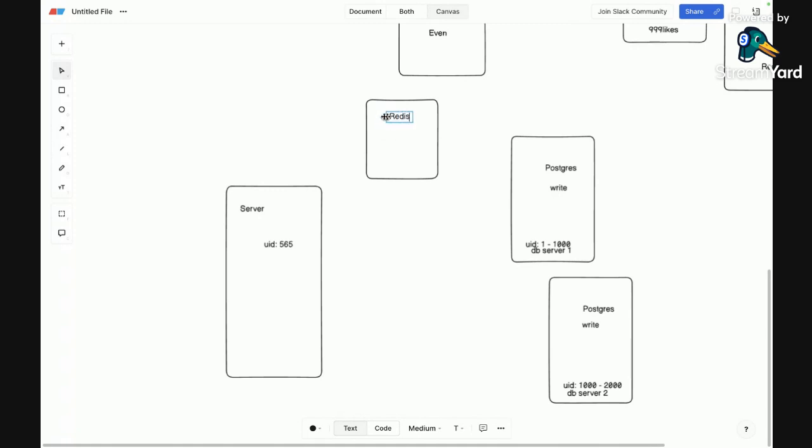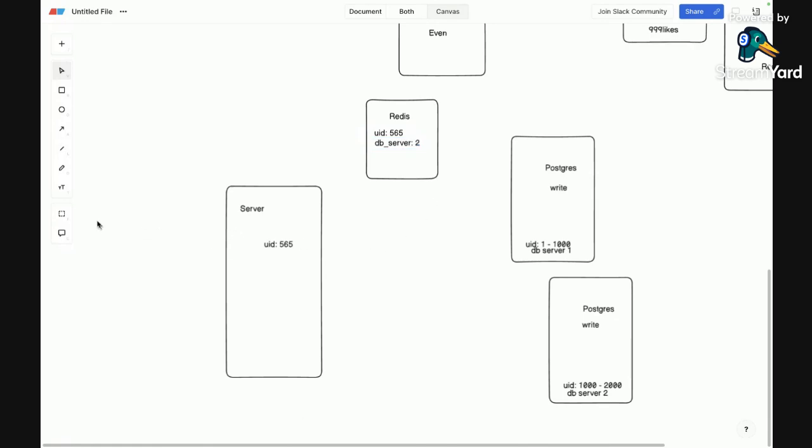So imagine there is a Redis. This is the simplest solution. You can have the UID, then you can have the DB server. So there will be records like this. So if it's 565, it will be server 2.